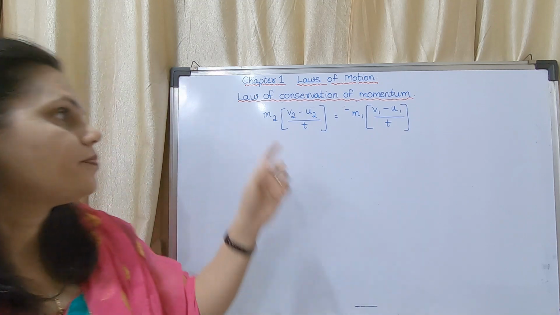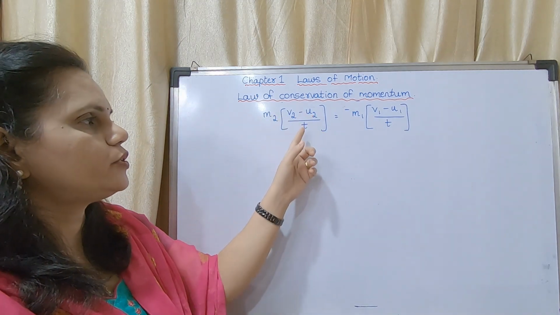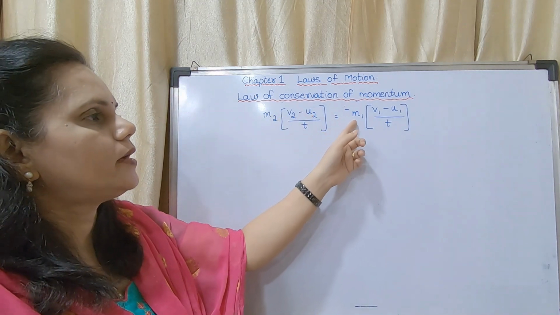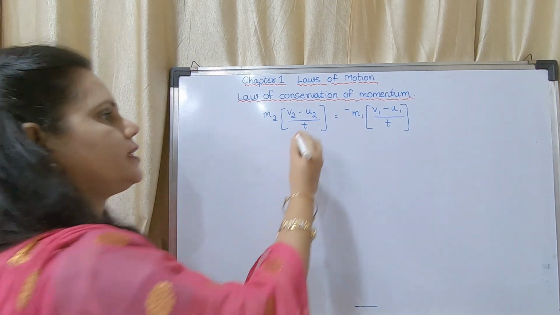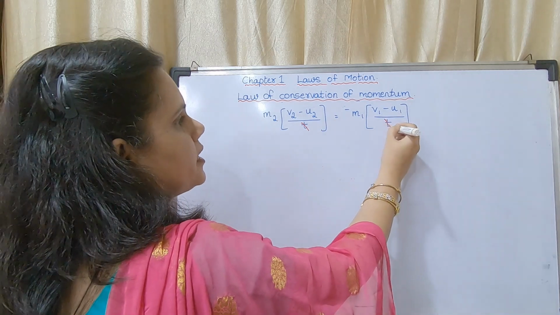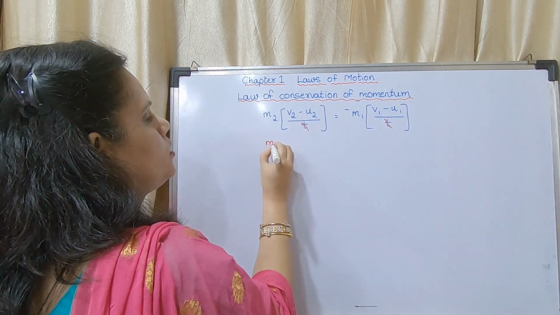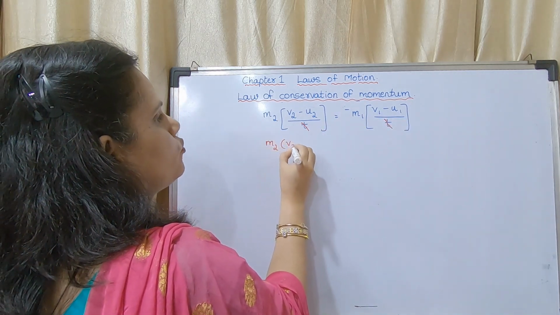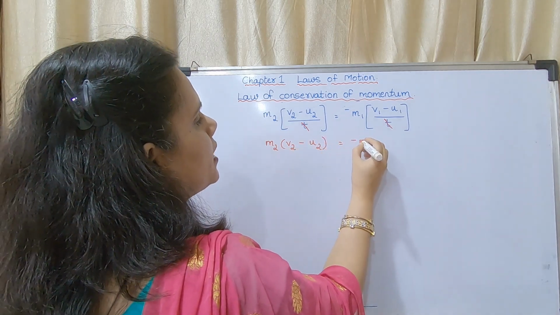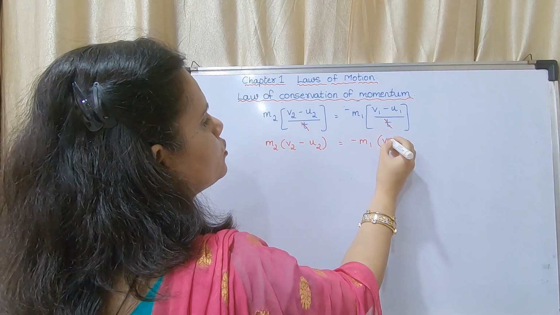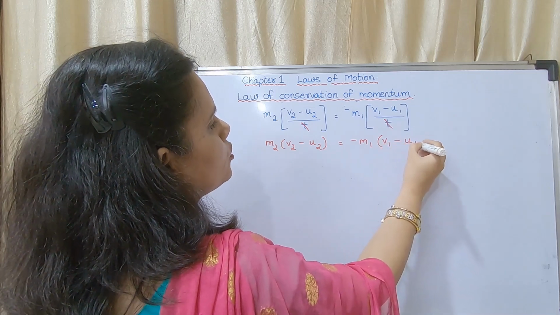Now see, M2 into V2 minus U2 upon T is equal to minus M1 into V1 minus U1 upon T. The T and T will get cancelled. So the equation comes to M2 into V2 minus U2 is equal to minus M1 into V1 minus U1.